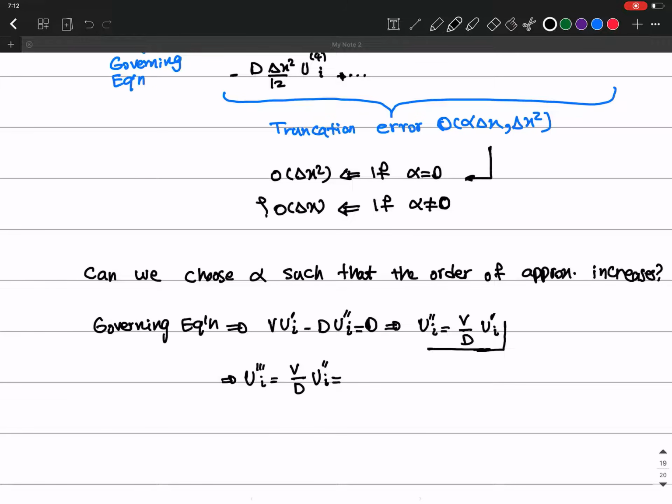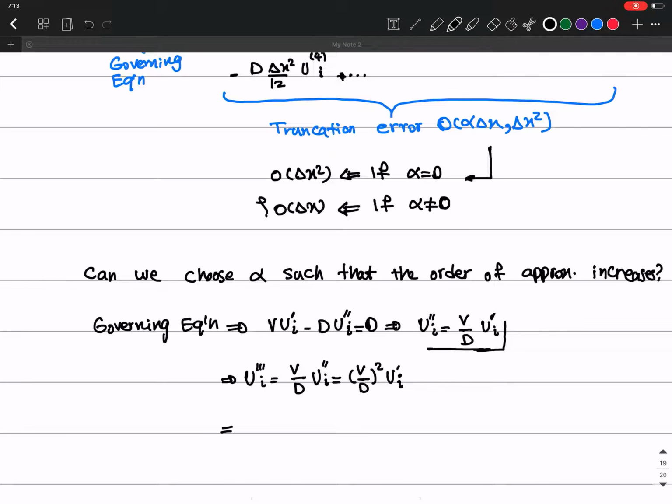And u double prime i, from here, is v over d times u prime i. So it's going to be v over d squared u prime i. A very interesting relationship.